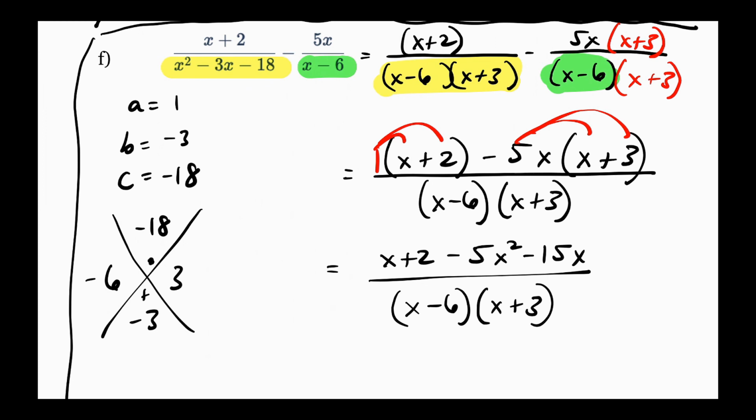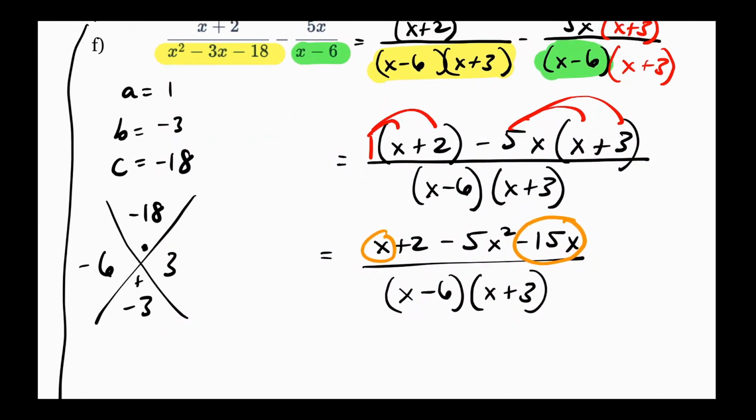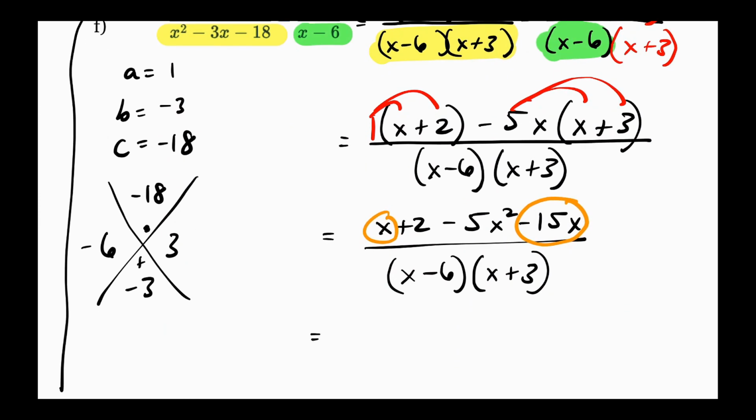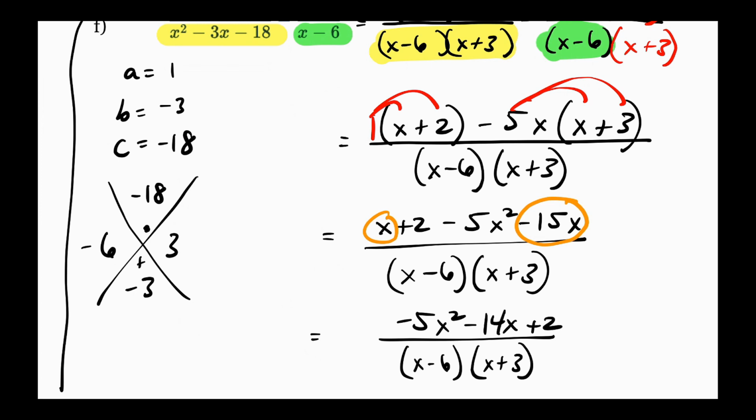Last step, combine like terms. So I get negative 5x squared minus 14x plus 2. When I combine everything.